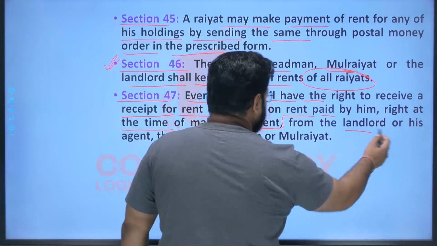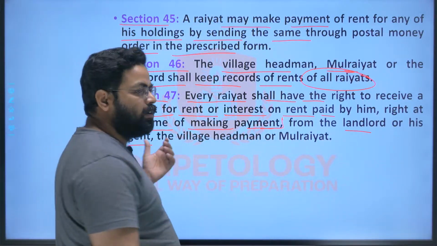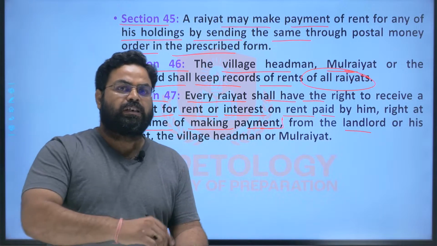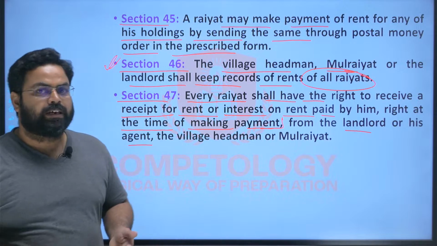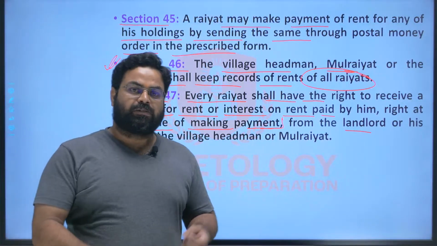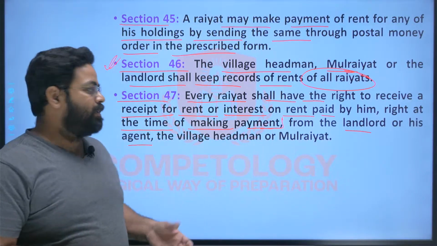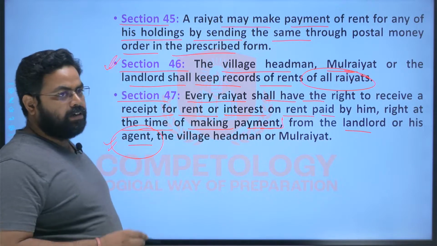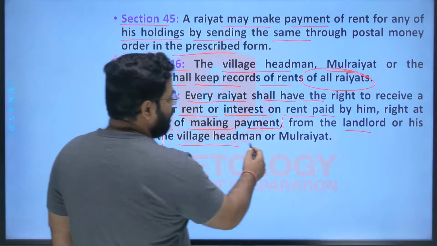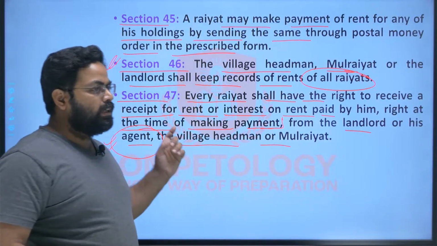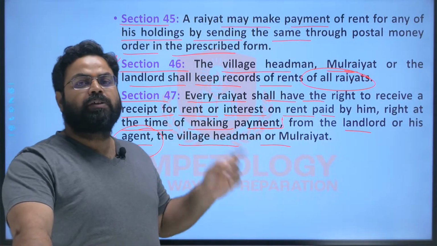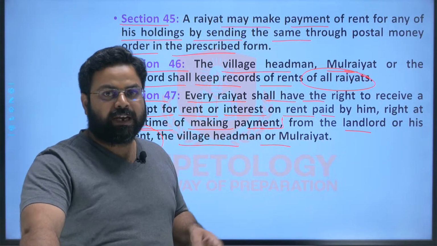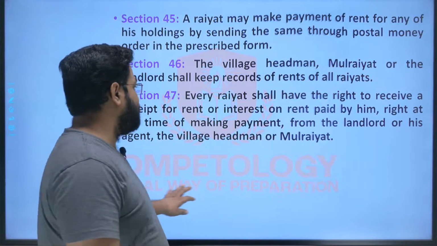From the landlord or his agent, if the landlord has appointed any agent for the collection, because landlord is not going to sit and collect all the rent and issue the receipts. He will definitely have some kind of staff that will be considered as an agent of that landlord or the village headman or the Mool Rayyat. So he is liable to give you the receiving of the rent that you have paid at his office, right?